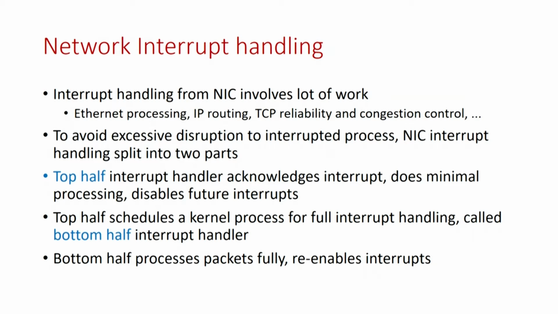But there are some small differences when it comes to network interrupt handling. Normally, if it's just a keyboard interrupt, you typed a character on a keyboard, there's a little bit of work to be done: you take that keyboard character, copy it into memory, and you're done. But for networking packets, there's a lot of work to be done when you handle an interrupt.